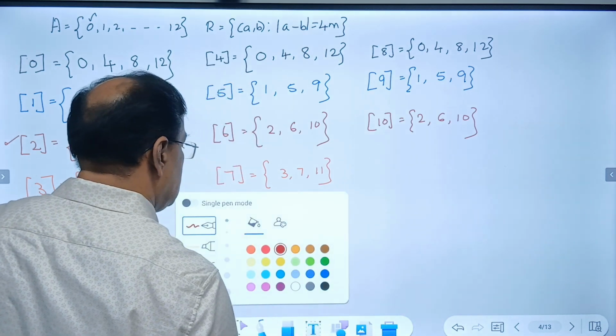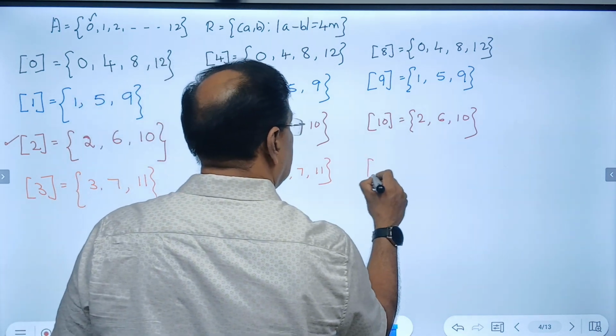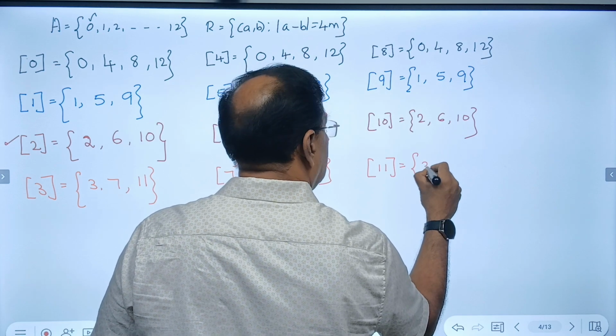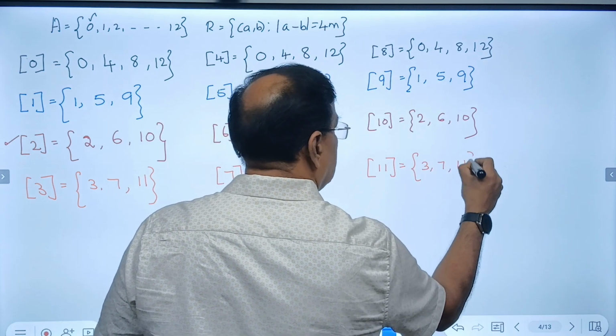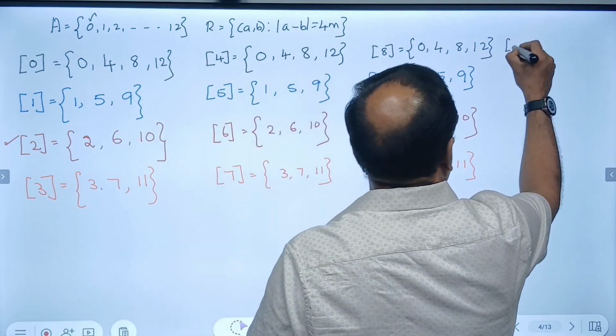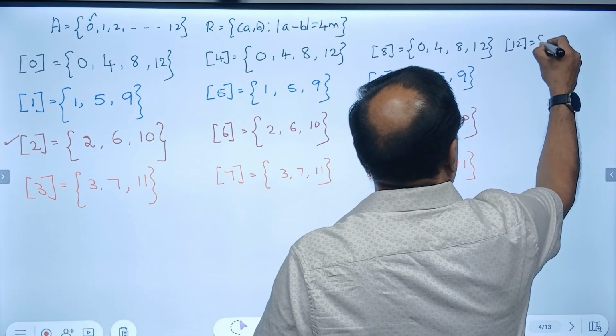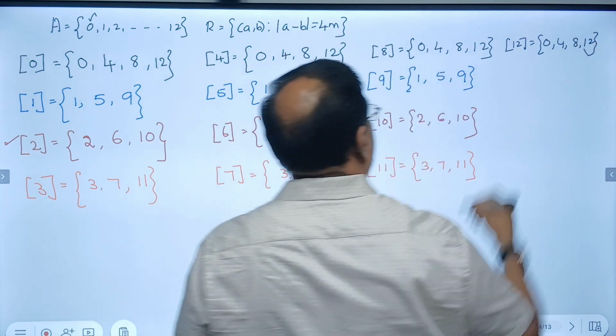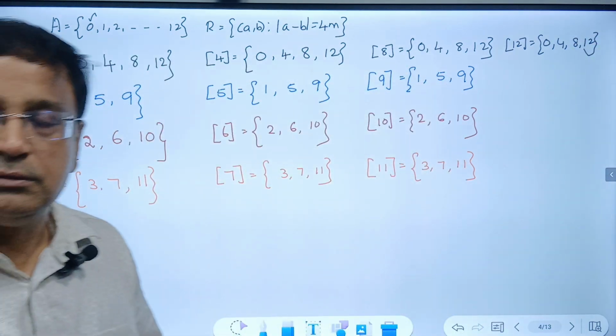What is the equivalence class of 11? The equivalence class of 11 will be 3, 7 and 11. What will be the equivalence class of 12? The equivalence class of 12 will be 0, 4, 8 and 12. And I have exhausted all the elements.